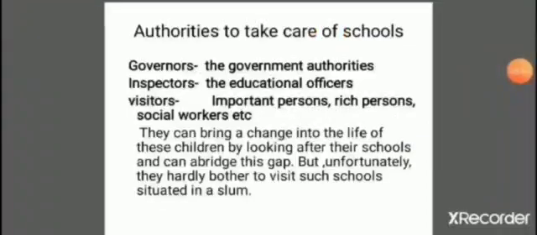Now we will see what the poet means by governors, inspectors and visitors. Actually, these are the authorities which take care of these schools.